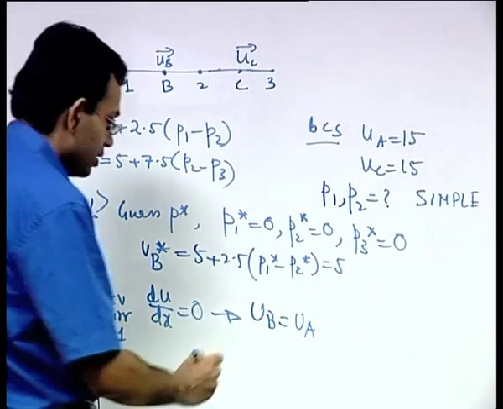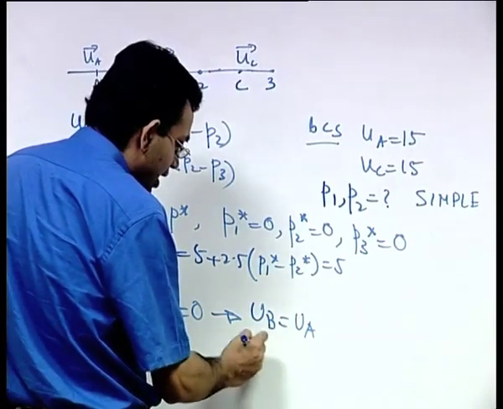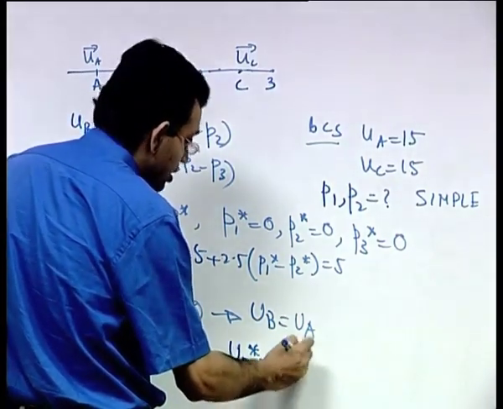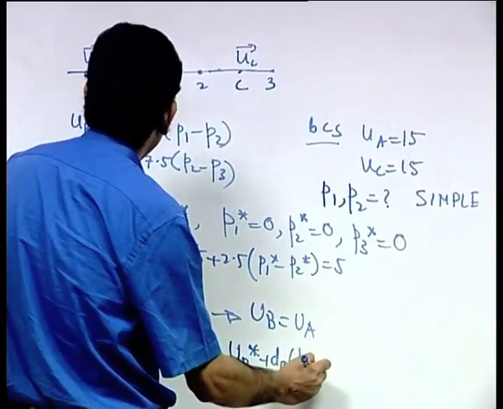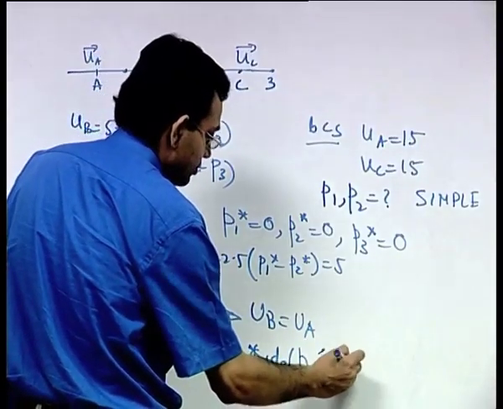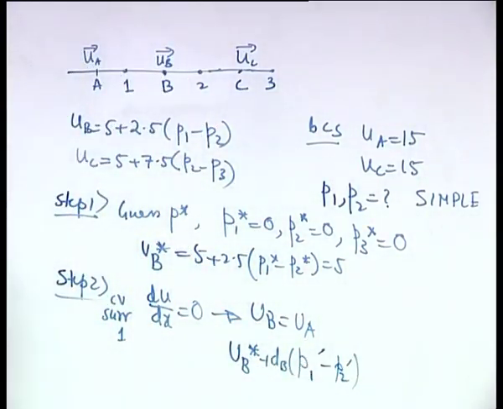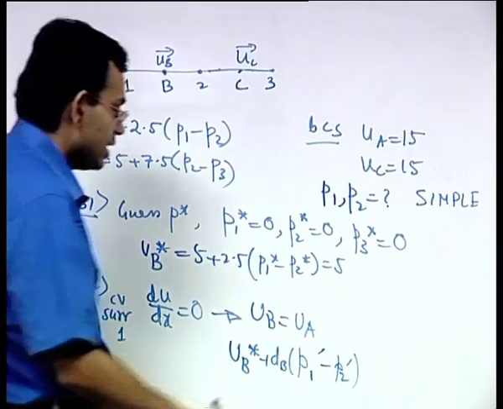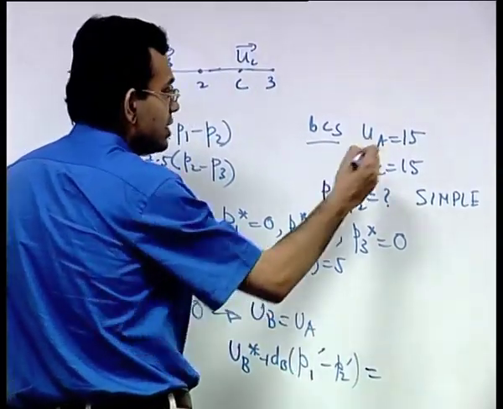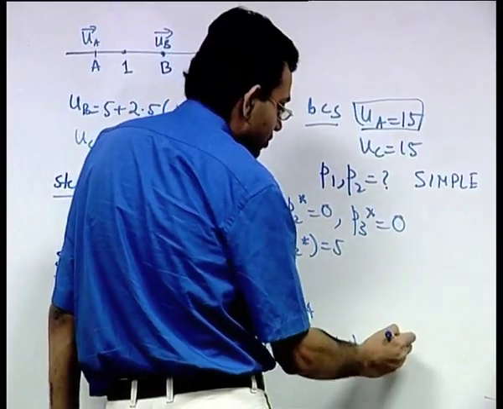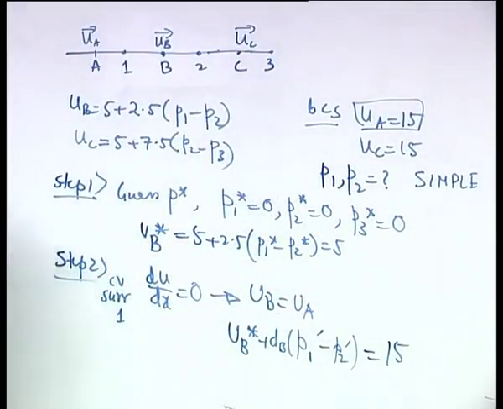What is ub? ub equal to ub star plus db into p1 dash minus p2 dash, and that is equal to ua. Because ua is given, there is no question of writing it in terms of a correction formula.